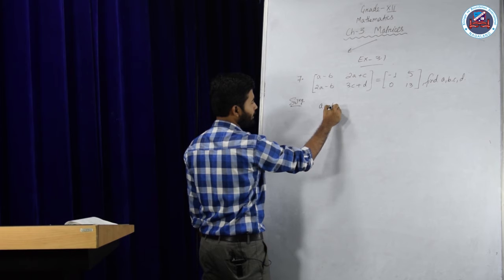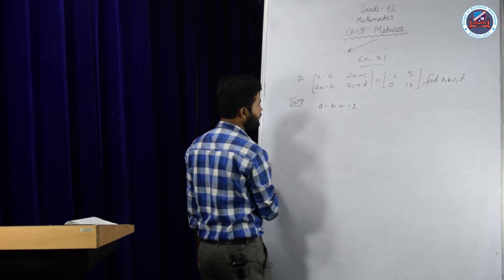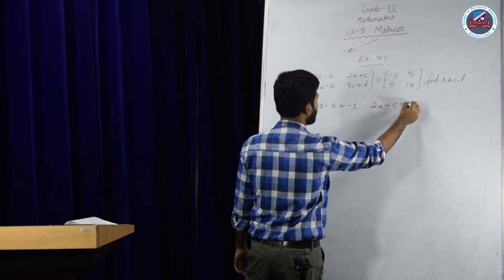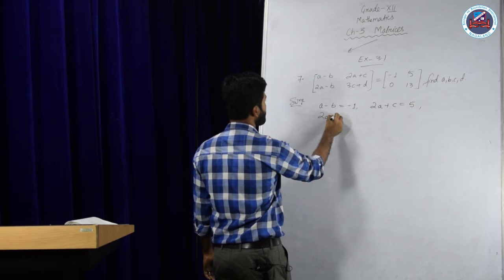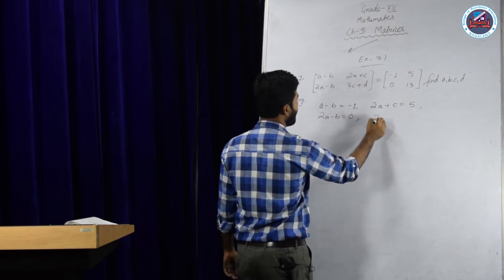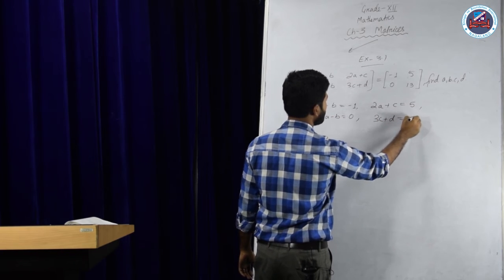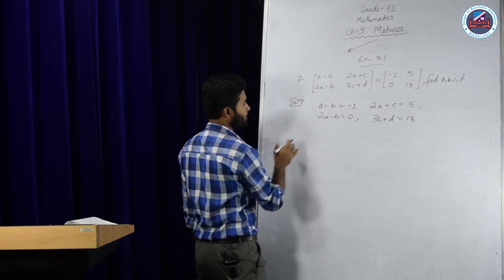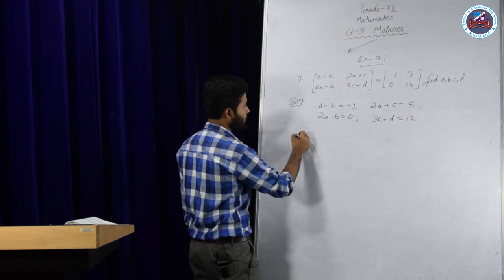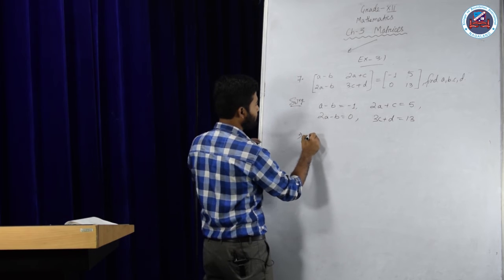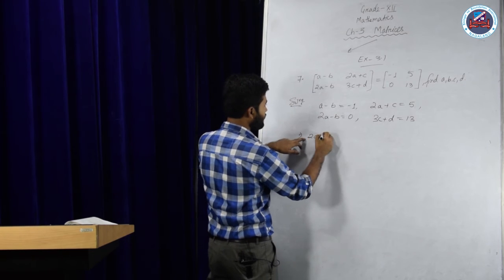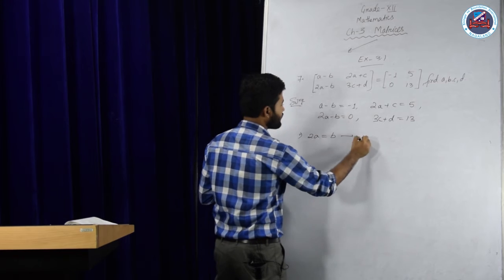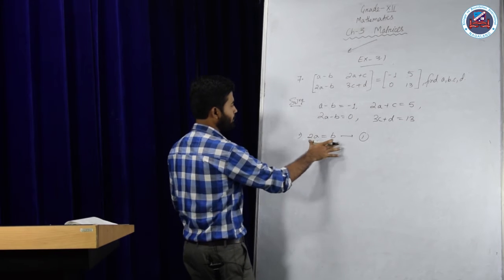Since these two matrices are equal, their corresponding elements will also be equal. That means I can write A minus B is equal to minus 1, twice A plus C is equal to 5, twice A minus B is equal to 0, and thrice C plus D is equal to 13. Clear? So from this I can write twice A is equal to B. Let me call it equation number 1.